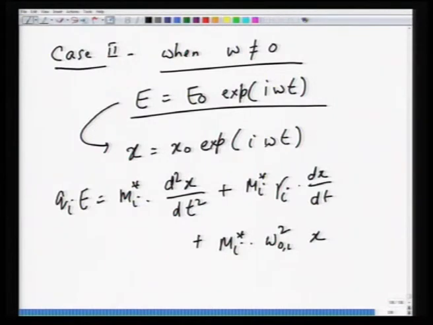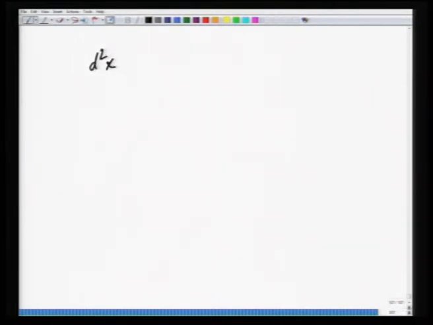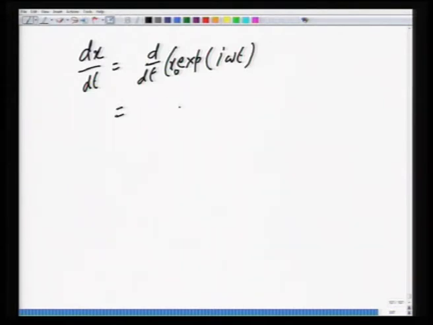So, let us go one by one. Let us first go for dx by dt, and this would be d over dt of x naught exponential i omega t, which will be i omega into x naught exponential i omega t.